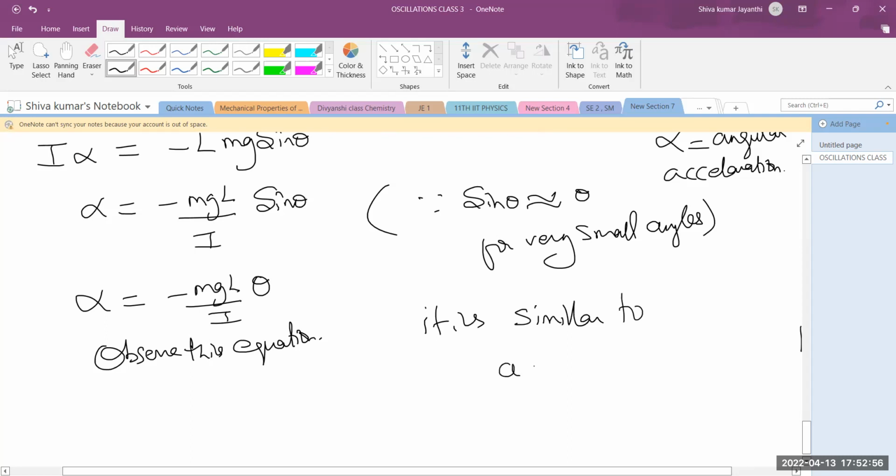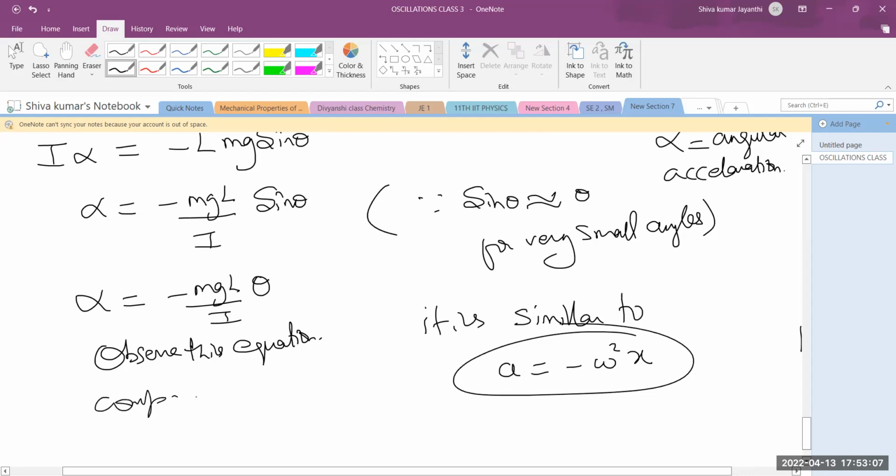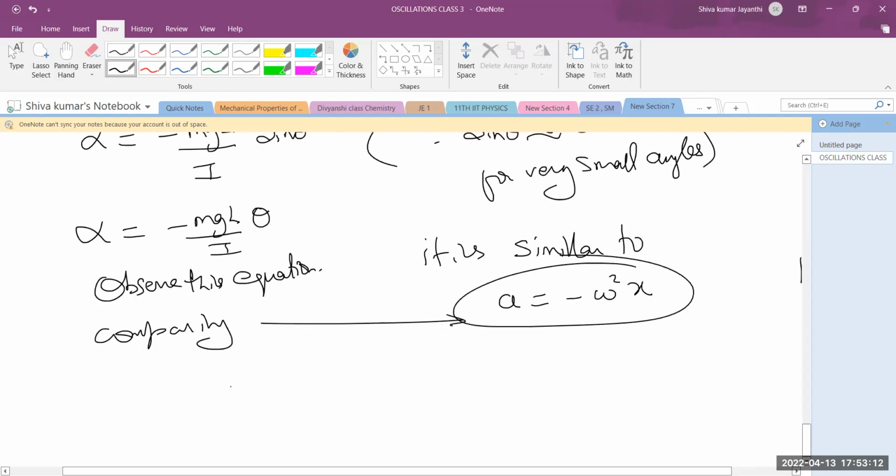In S.H.M, we have acceleration a is equal to minus omega square x. So comparing with this equation, omega square should have been mgL by I. Yes or no? That means we got omega. Understood? So if we got omega, you get time period and everything else.